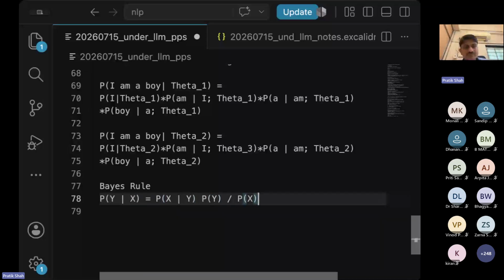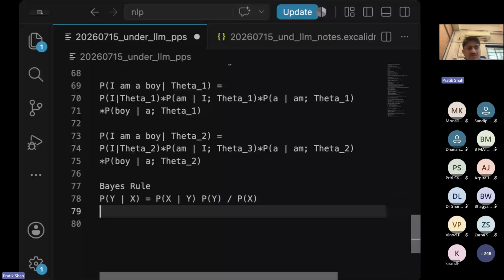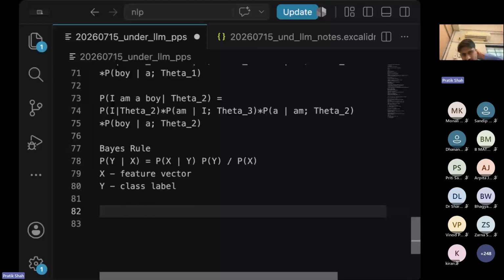For example, X could be the feature vector. Y could be a class label. So what we usually do is say that I have observed many occurrences of a particular phenomenon, or if you are interested, we can talk about images or text. So I have seen lots of images of a dog, and in every dog I have seen 10 different features.